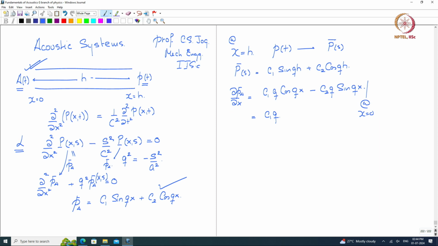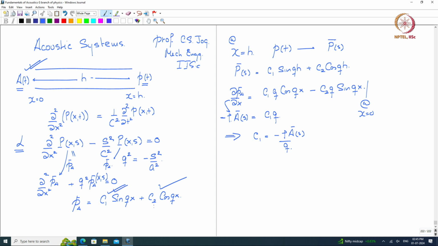And from the Euler equation this is minus rho times a bar of s, the Laplace transform of the acceleration, which means my c1 is equal to minus rho a bar of s by q. So in here c1 is figured out.